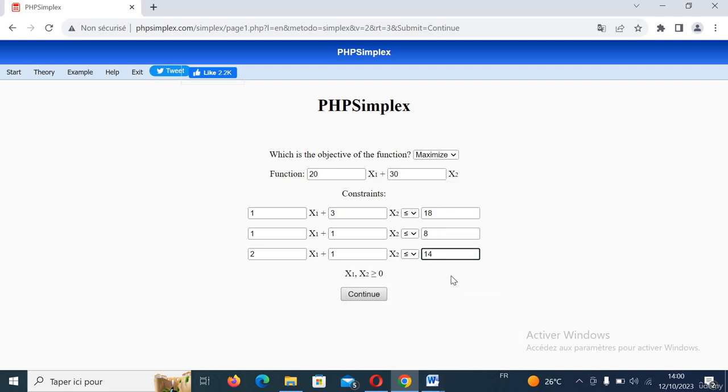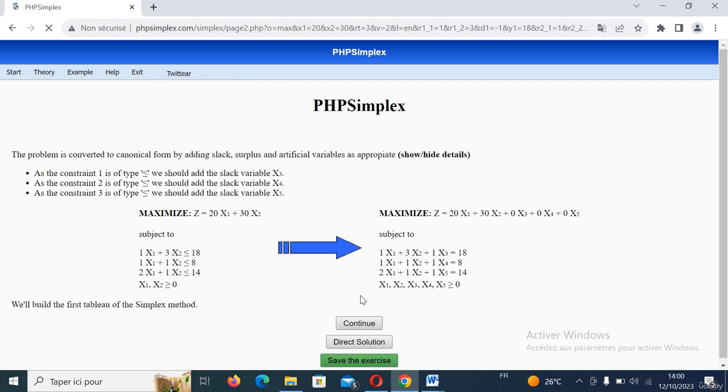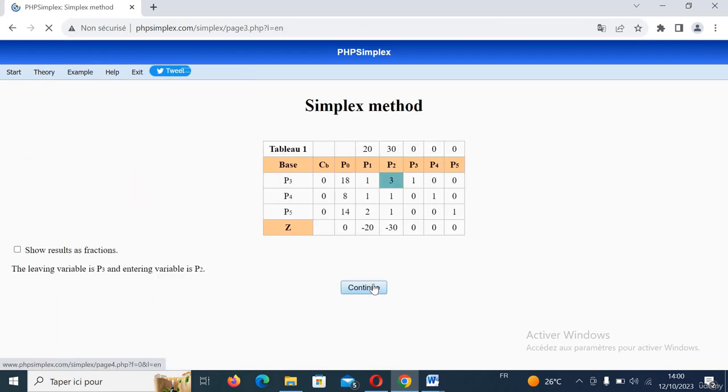Okay, now this is the problem. Now we have made the problem, now we get the results: how many extra eggs and sublime eggs to produce to maximize the benefits. We'll continue to find the solution.